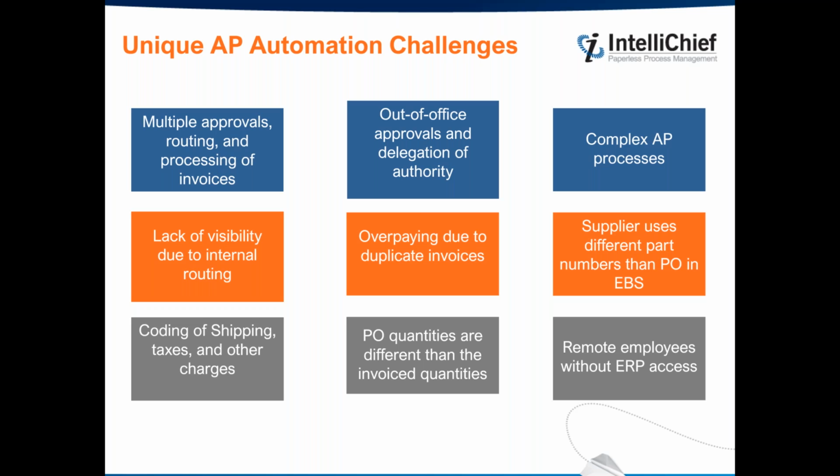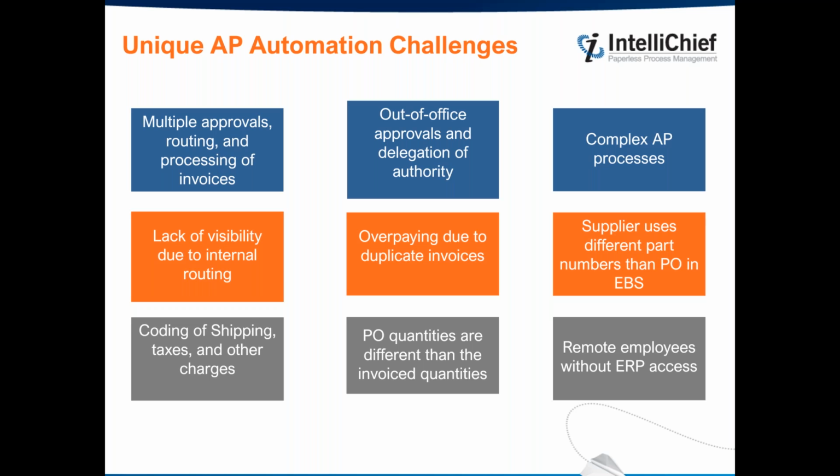Well, when you're talking AP automation, if those don't match, that can impact our ability to do straight through processing. Duplicate invoices, we talked about, visibility to the routing, coding of taxes, freight, VAT, other charges that might appear on your invoice that have to be coded interactively or by somebody, and how do I access GL codes that come from EBS?